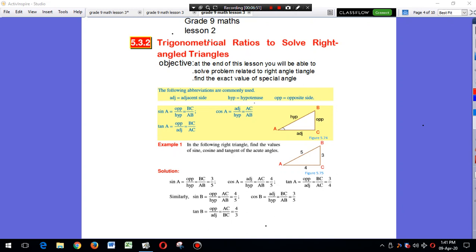The opposite side is AC, which is 4 units, and the adjacent side is 3. So tan B is equal to 4 over 3.